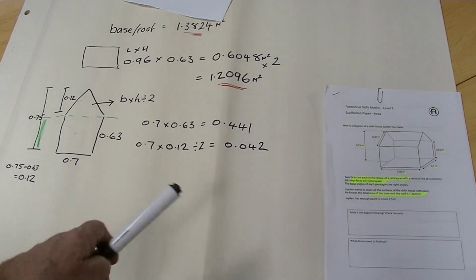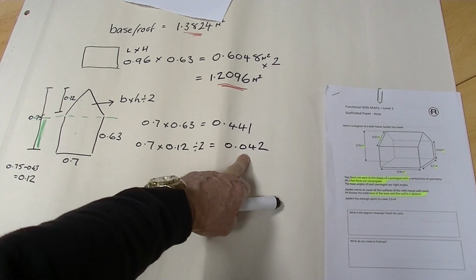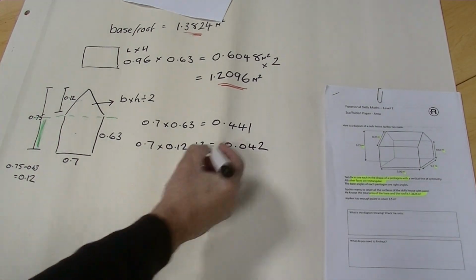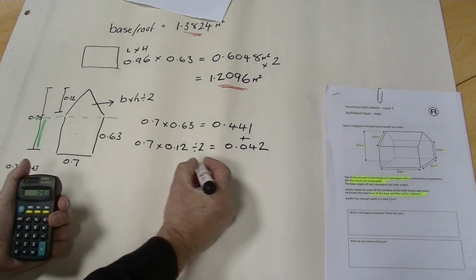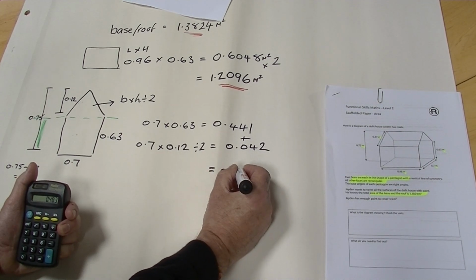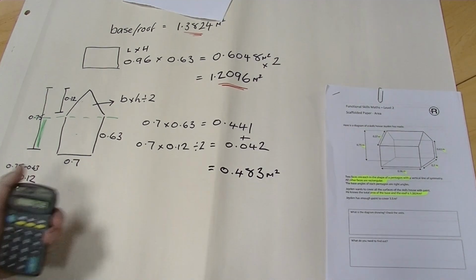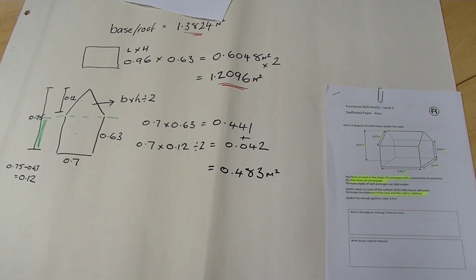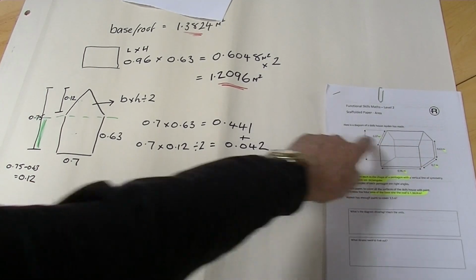So now we've got the area of the rectangle and the area of the triangle. We will add those together, and then we will multiply that by 2 because there are two ends of the house.